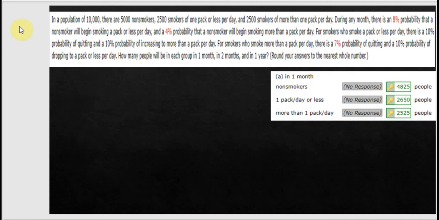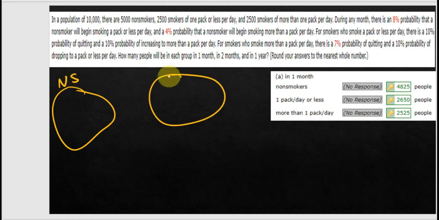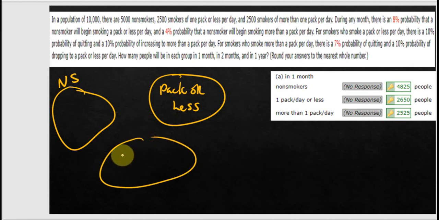So let's label these 3 sets. I want to say NS for non-smokers, and then let's say here for those who smoke a pack or less, and then those who smoke more than 1 pack.